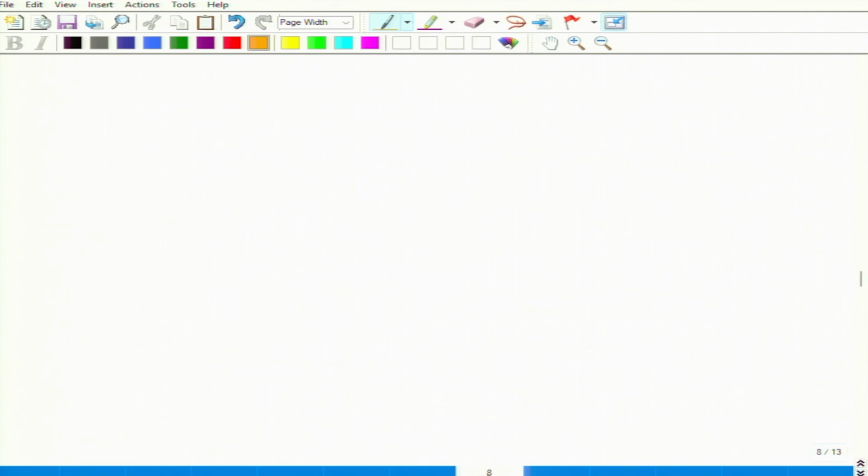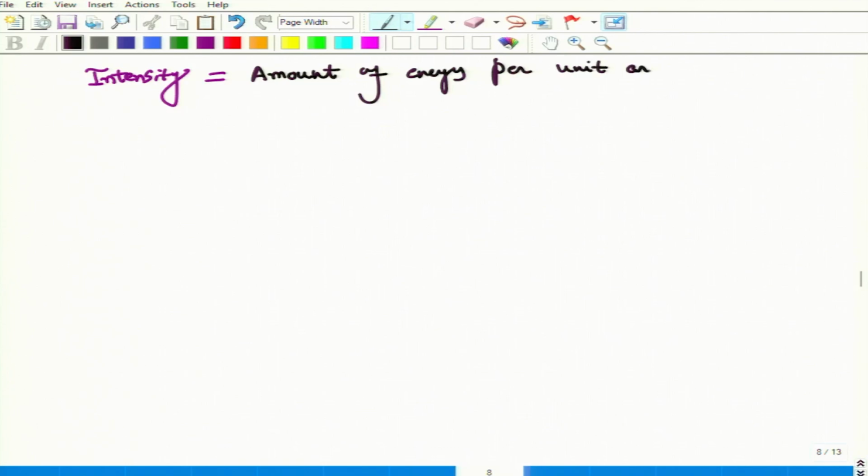Actually, the definition of intensity is the amount of energy per unit area per unit time, right? So this is actually the definition of flux.